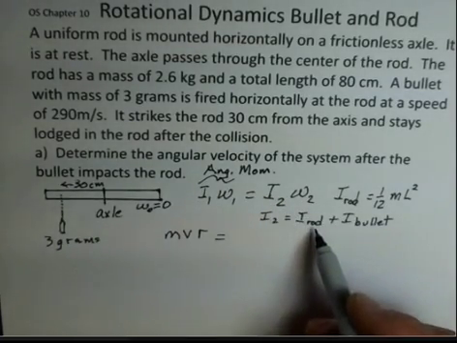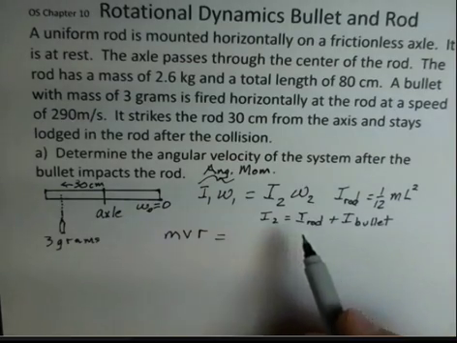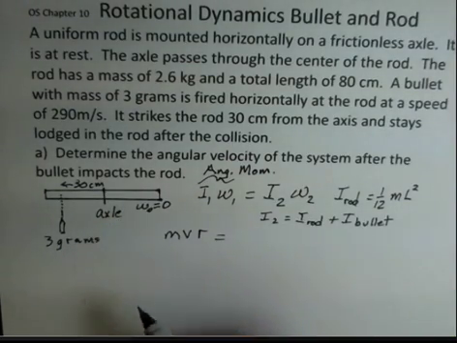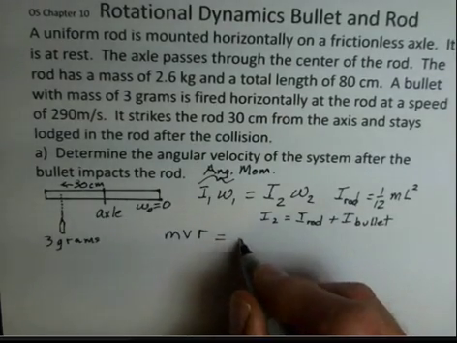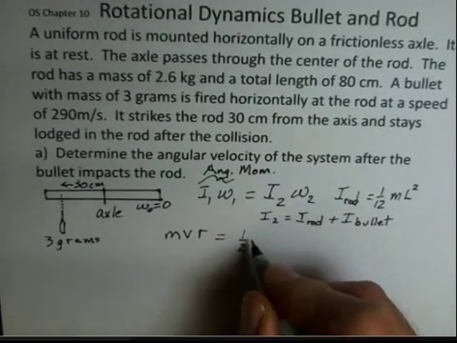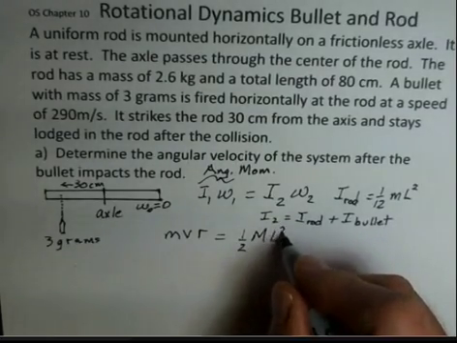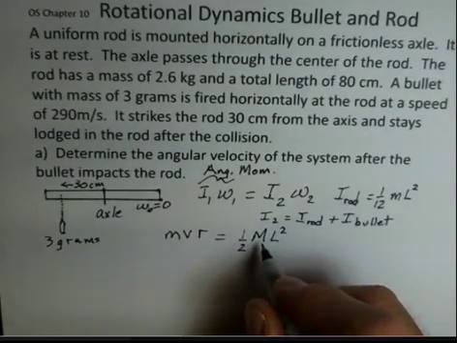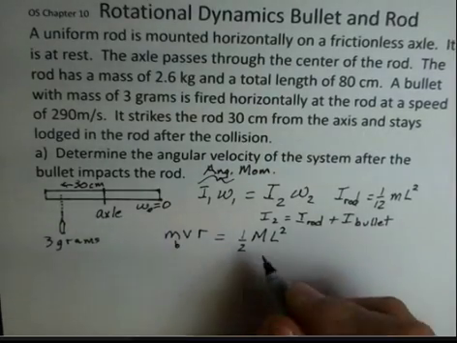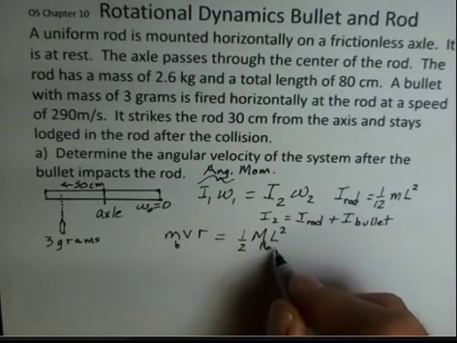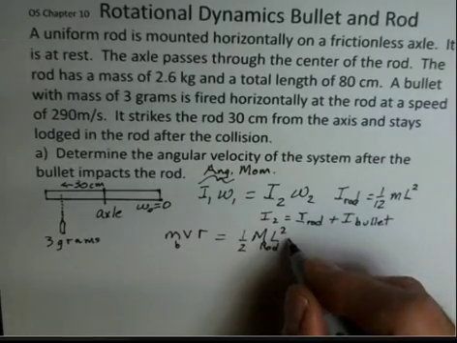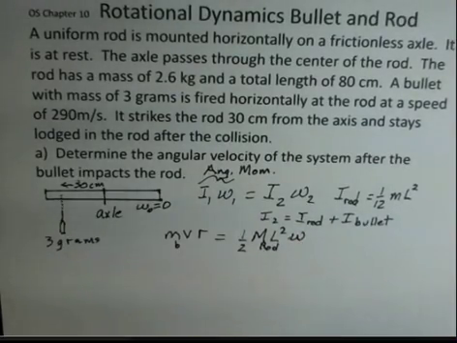There's a moment of inertia of the rod and a moment of inertia of the bullet. If you'd look in a table for formulas of moments of inertia, you would find that we have 1/12 capital M L squared, M being the mass of the rod. So I'll put bullet here, rod here, and then the omega that we have afterwards.